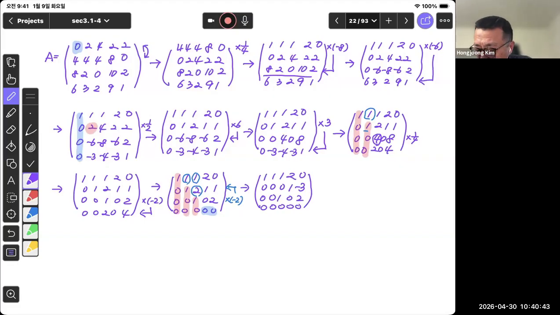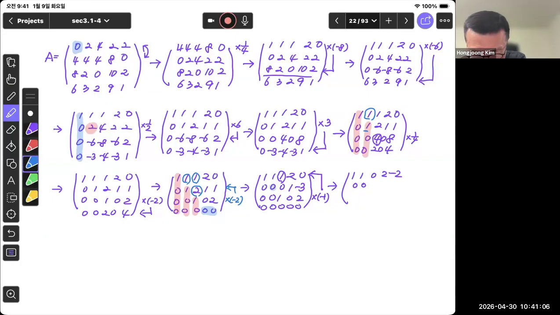Okay? Now, to change this value to 0, let me multiply -1 to the third row and then add it to the first row, then you get 1, 1, 0, 2, and negative 2, 0, 0, oops, not 0, 0 here, oops.